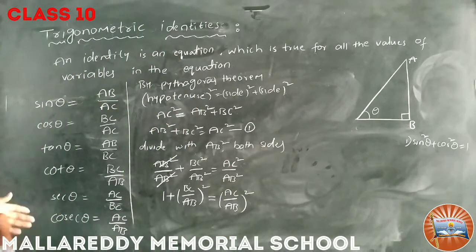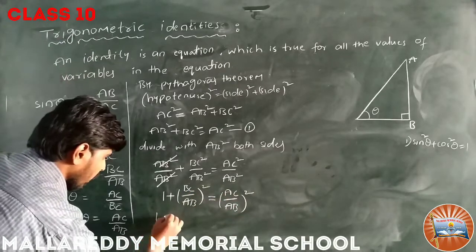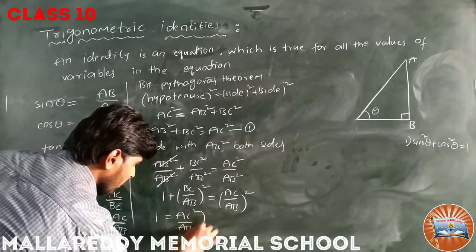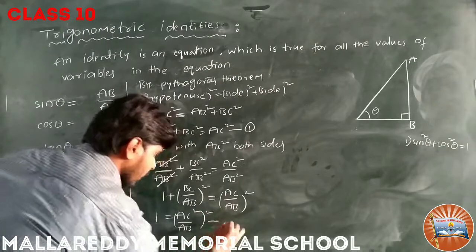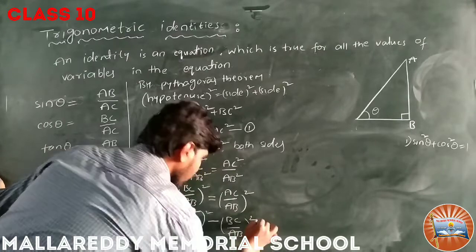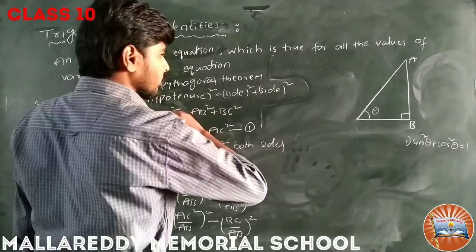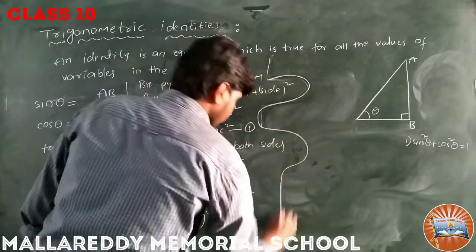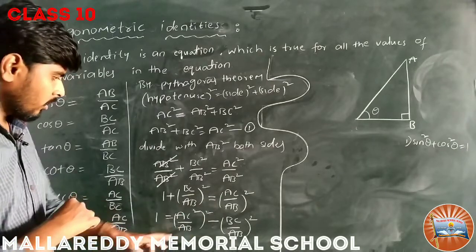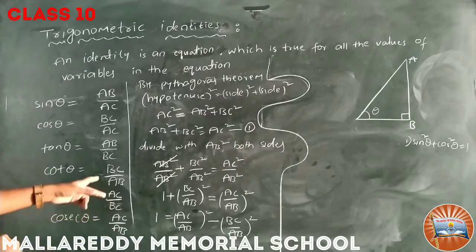What happens in the next step? So this goes to the RHS. 1 equals AC by AB whole square minus BC by AB whole square. So what is AC by AB whole square? Look at here, AC by AB, where is the ratio?